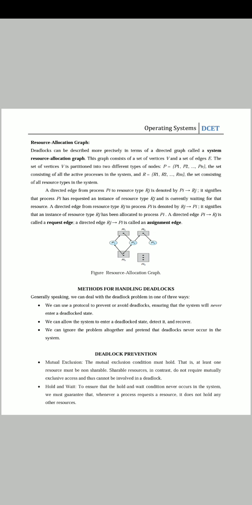Next, hold and wait. How do I prevent the deadlock with the help of hold and wait? If the hold and wait condition is satisfied, it means that there is a deadlock. What is the meaning of hold and wait?